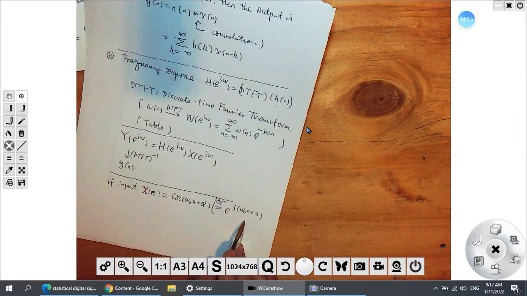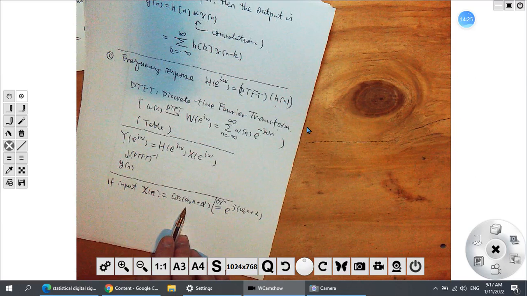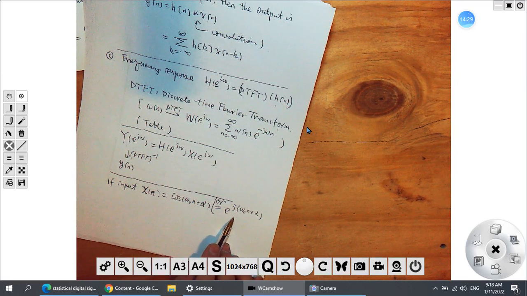You can also put a sine here, but with sine you just change the shift by pi over 2, so you can go back to cosine. So we just consider these two cases. They are sinusoids, one for real numbers and one for complex numbers.